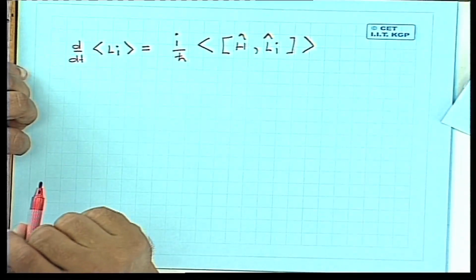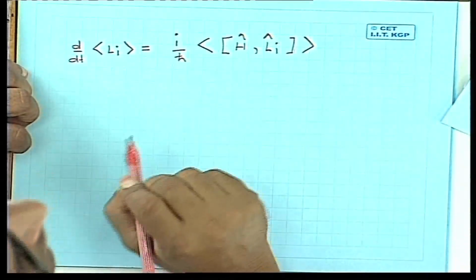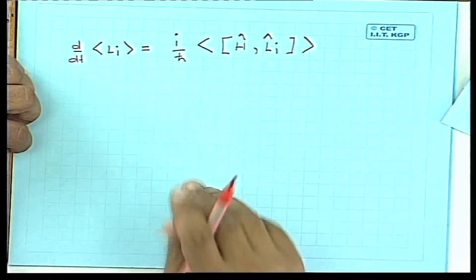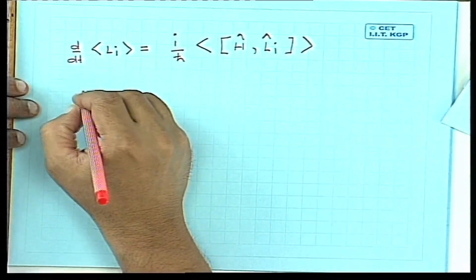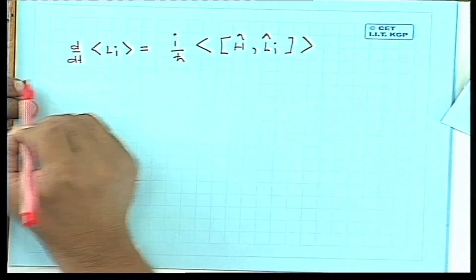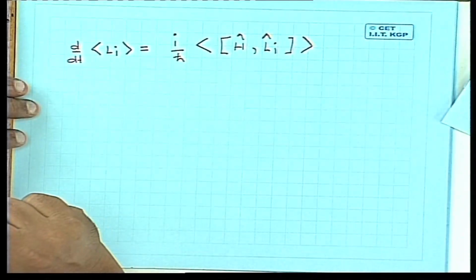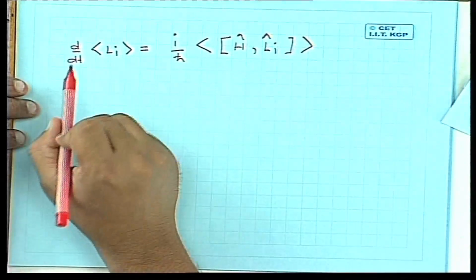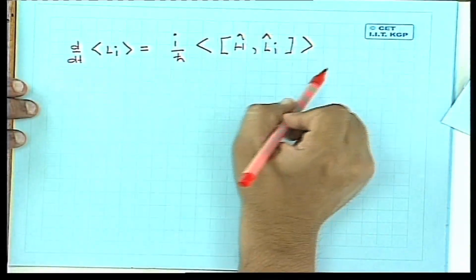Now this is very similar to the equation of motion in classical mechanics. If you have done a sufficient amount of classical mechanics, you will encounter a very similar equation. This equation holds for any observable quantity, not only angular momentum; its expectation value evolves in exactly the same way.